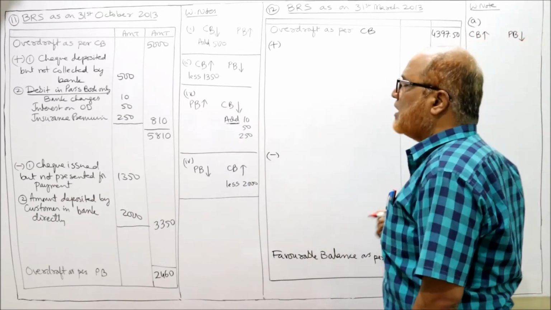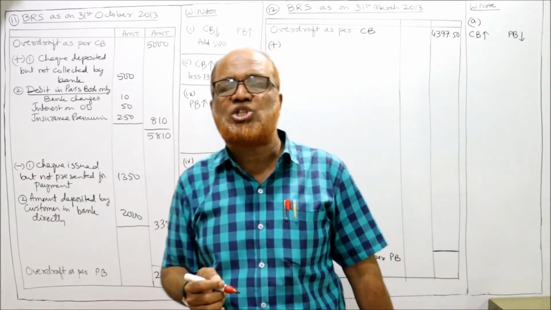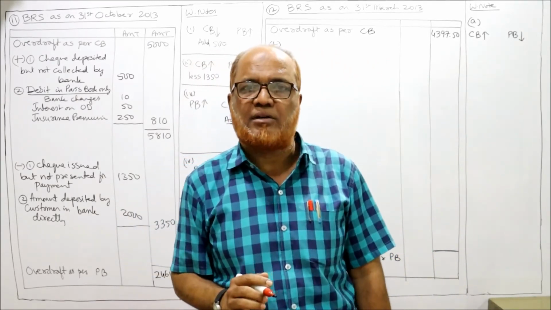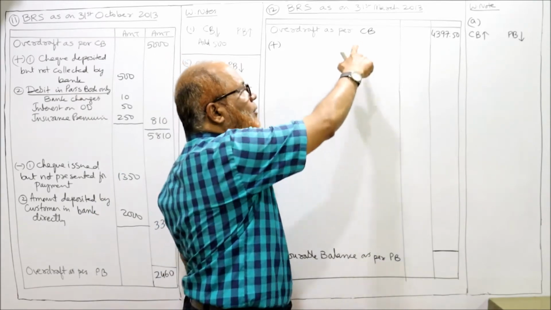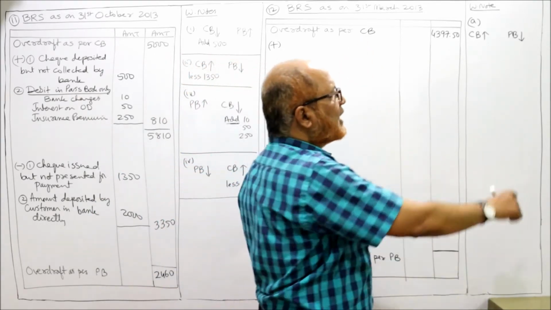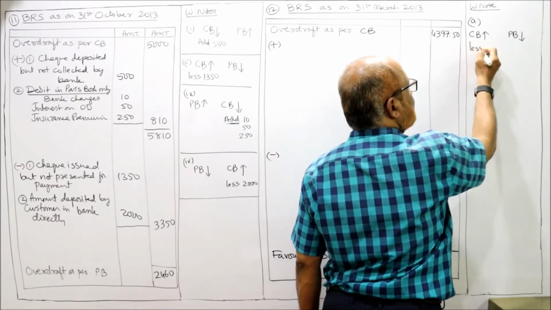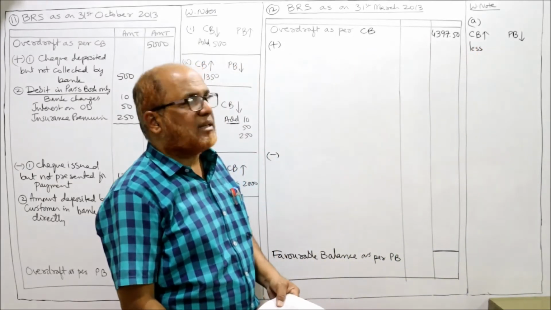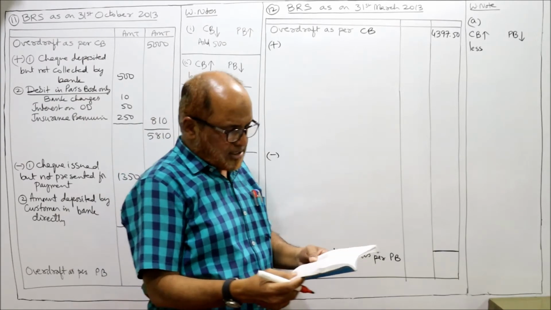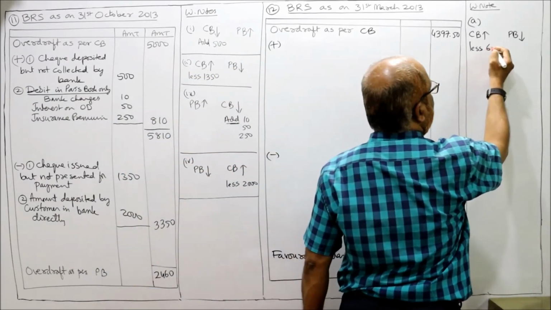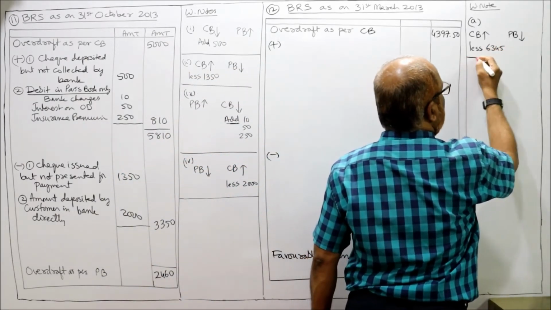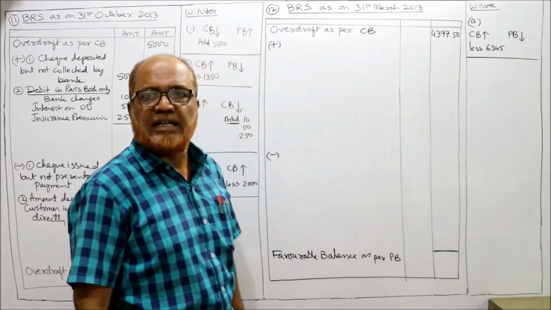Passbook overdraft is still showing low balance because the checks are not presented for payment. Now that is our starting point, cash book. Cash book is showing more balance, so we have to deduct. How much? 6,345. That's all.